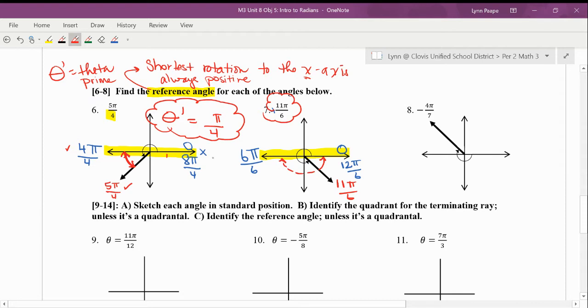So which one is a shorter distance? And it's going to be the one to 12 pi over 6. So this is a shorter distance to get to the x. So how far apart is 12 pi over 6 from 11 pi over 6? They are just 1 pi away from each other with that common denominator of 6.